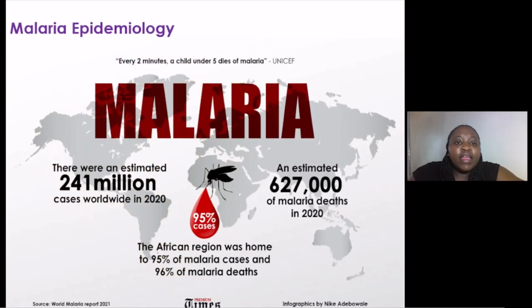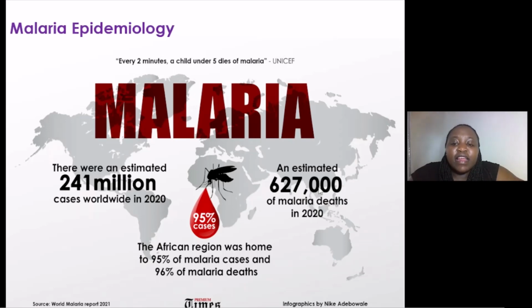Now, the malaria epidemiology in the world. These are statistics of 2020, from the World Malaria Report 2021. We had an estimate of about 241 million cases worldwide in 2020, and that's a huge population at risk of getting malaria.